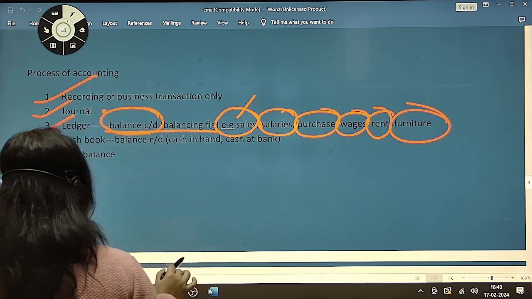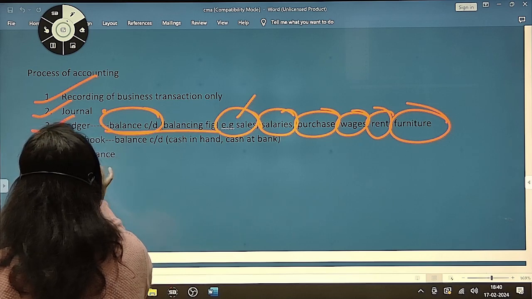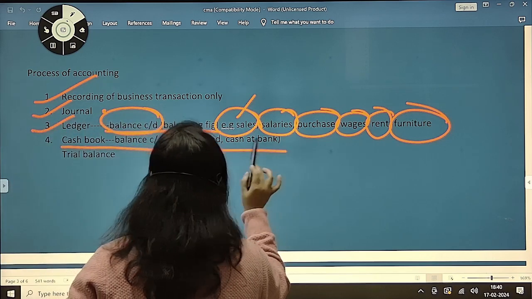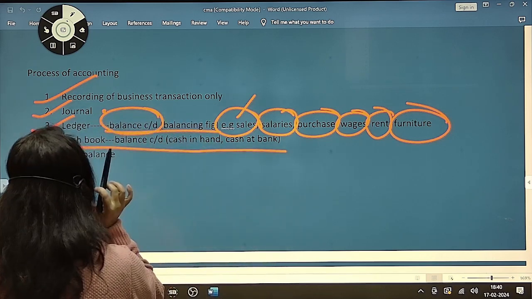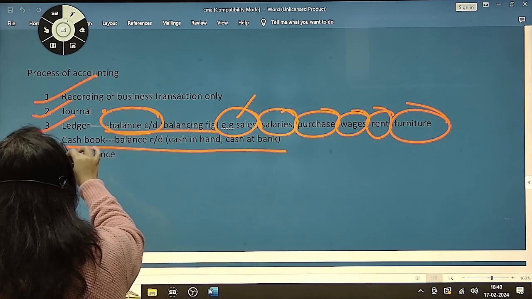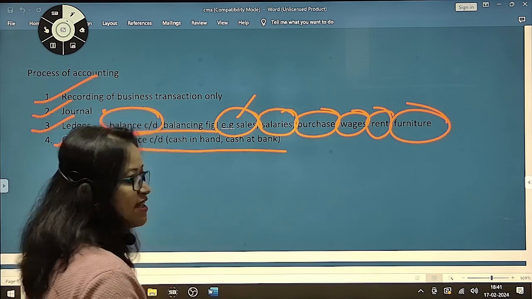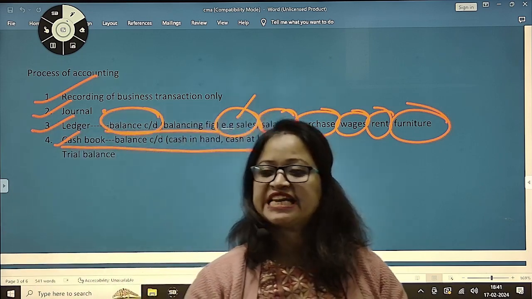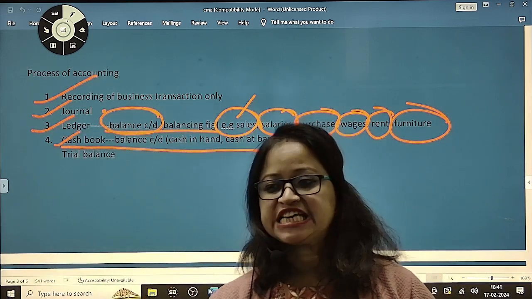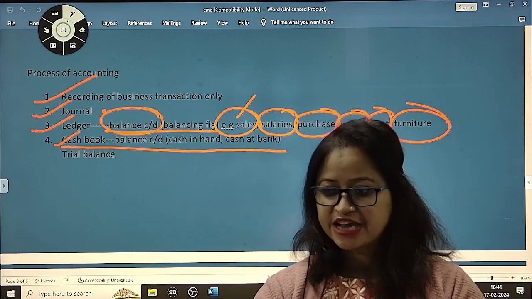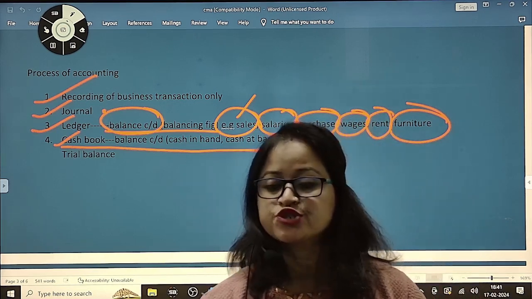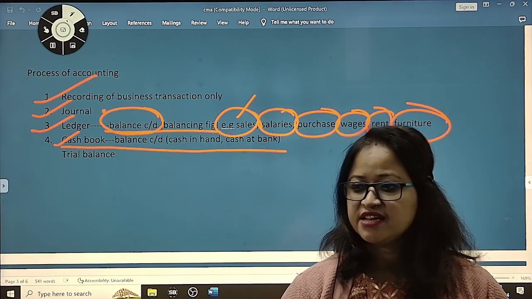Then we also prepare, as I discussed with you in the last class, the cash book. In the cash book we record only the cash balances, whether money is coming in or going out, that is, cash receipts and cash payments.